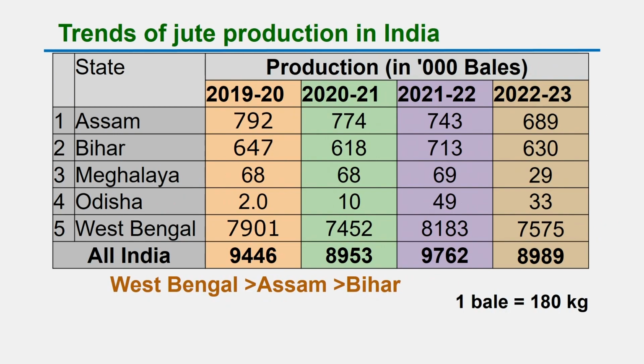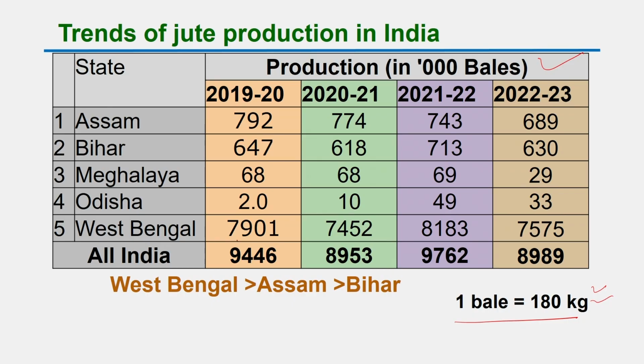Now coming to production, the production of jute is expressed in bales, and one bale is equal to 180 kilogram for jute. And the data here in different cells is given for 1000 bales. So whatever bales are there, you multiply it by 1000. So you can see again, as the area was very high in West Bengal, so is the production.